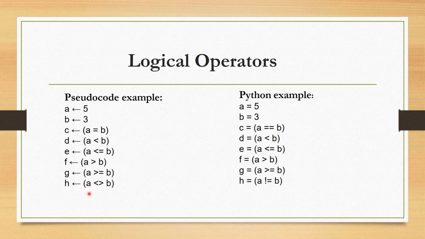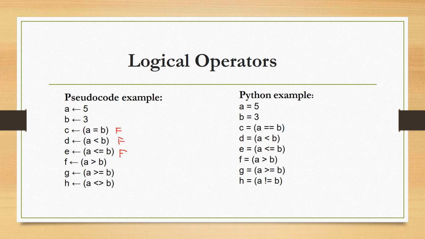As it's explained, A equals to B, false. A is less than B, false. A is less than or equals to B, again false, because A is 5 and B is 3.